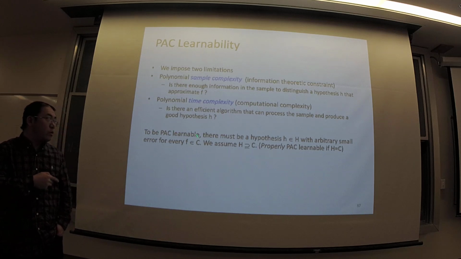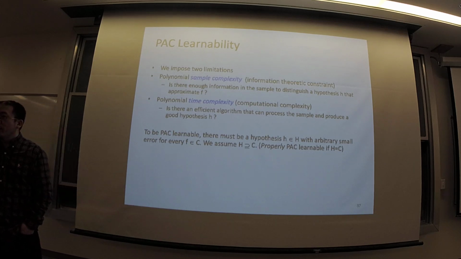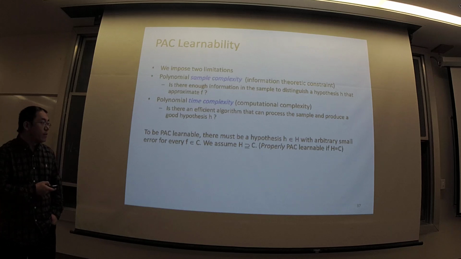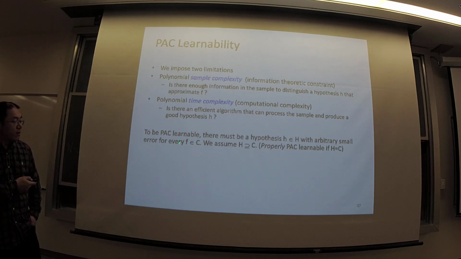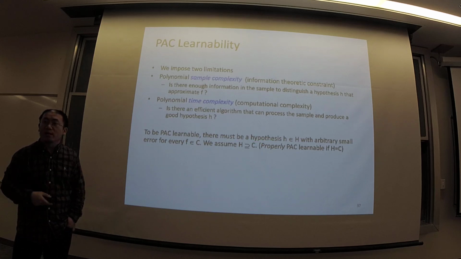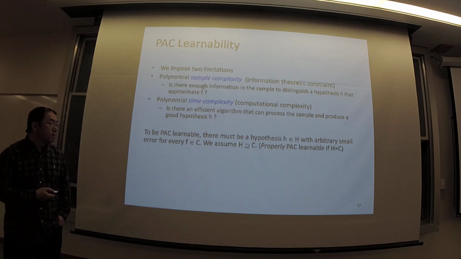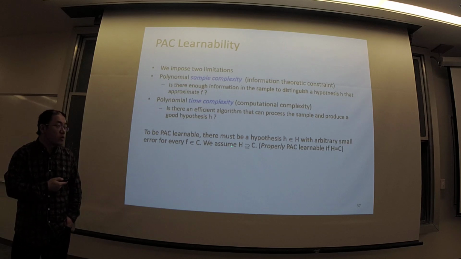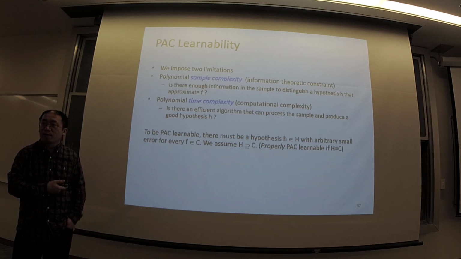We can see the requirement for PAC learnability is quite strong, in that for any target function f at any level of epsilon and delta, we can always find a hypothesis h that satisfies this probabilistic claim. That usually implies that we have to assume the hypothesis space is a superset of the concept class. Otherwise, it's hard to satisfy this requirement.